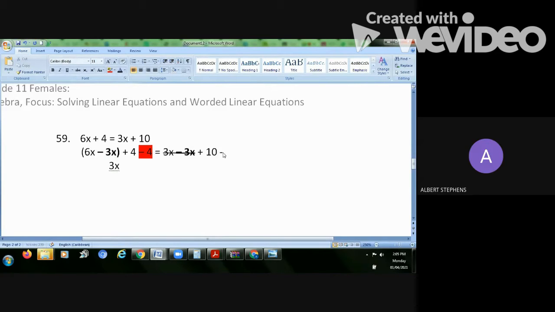If you subtract 4 on the left, you subtract 4 on the right. 4 subtract 4 on the left gives you 0, so what's left back is 3x. It's probably the same thing you have, you might skip some steps. So 4 from 10 will give you 6. And then you divide everything by 3. You got x equal to 2?